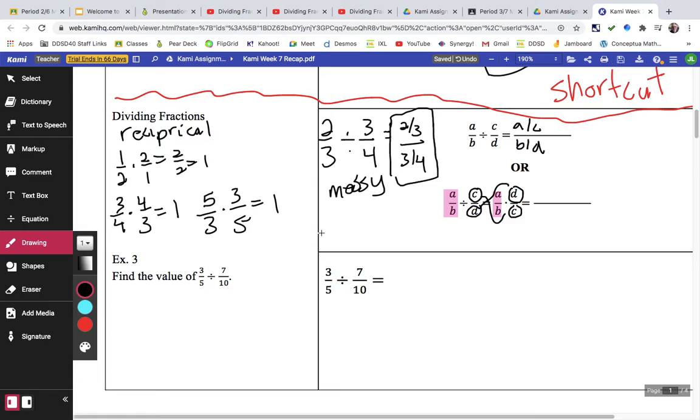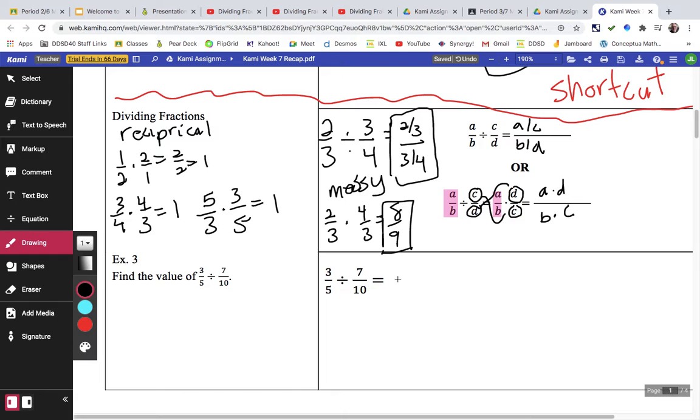If we multiply by the reciprocal, we'll get the same answer. So instead of this mess right here, what we can do is 2/3 times the reciprocal of 3/4, which is 4/3. And we get an equivalent answer of 8/9. So 2/3 divided by 3/4 is the same as 8/9. So this is A times D divided by B times C.